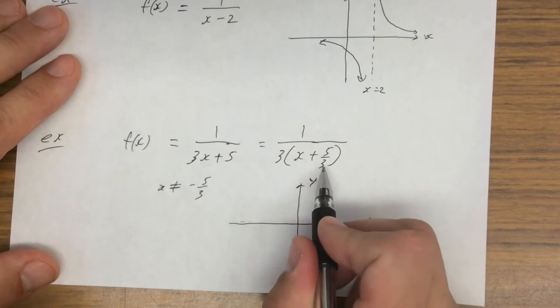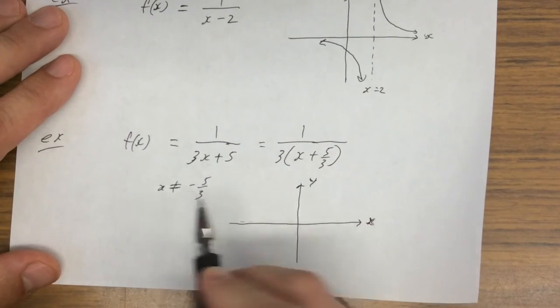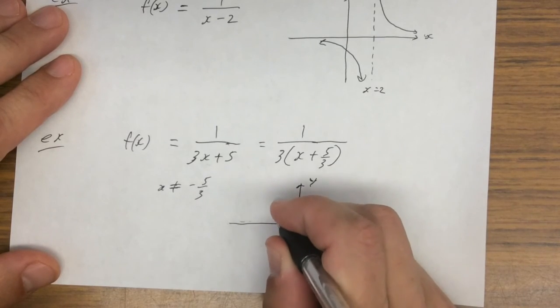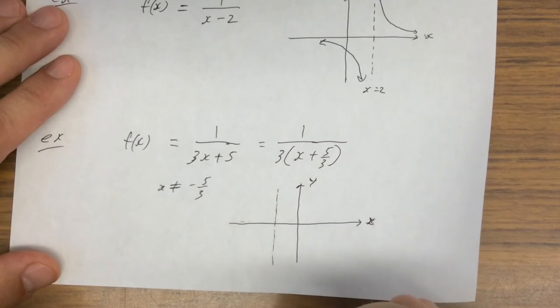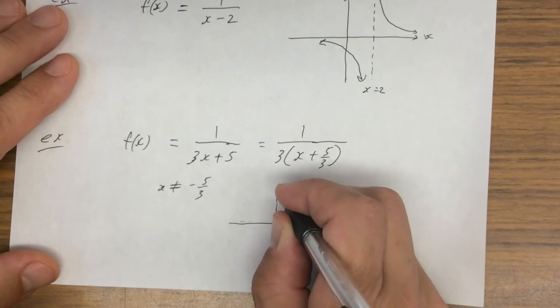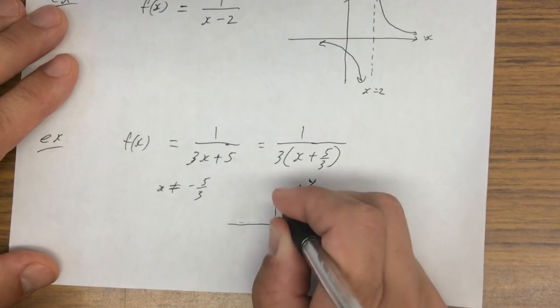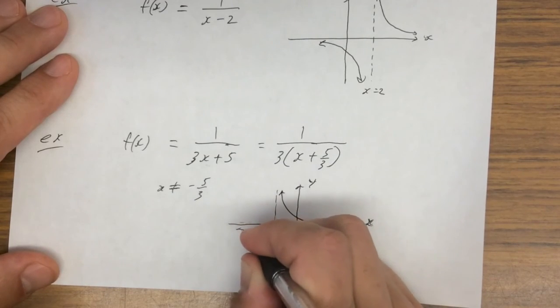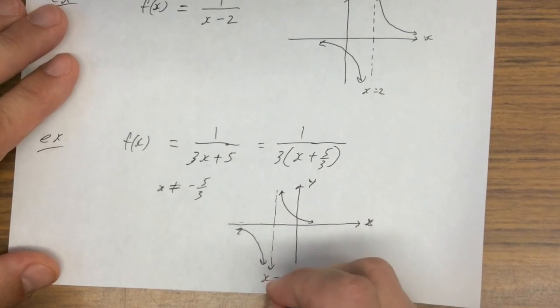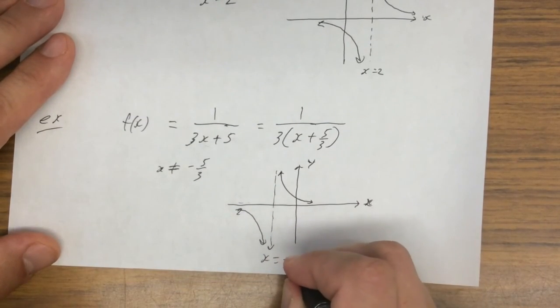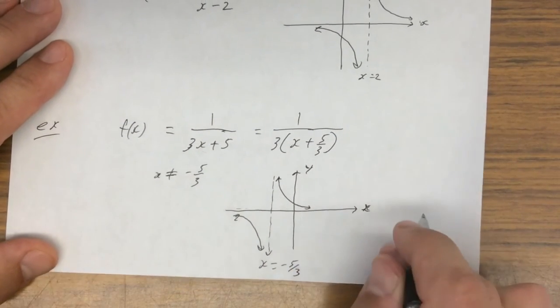This is going to move to the left because at x equals negative 5 over 3, which is almost at negative 2, that's going to be the vertical asymptote, and it looks like this. And you put in a little label here, x equals negative 5 over 3.